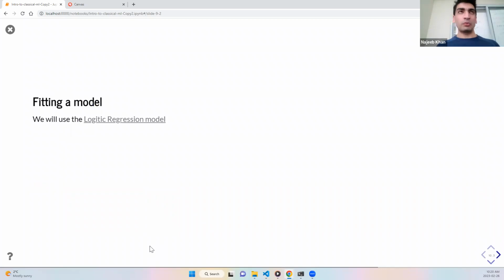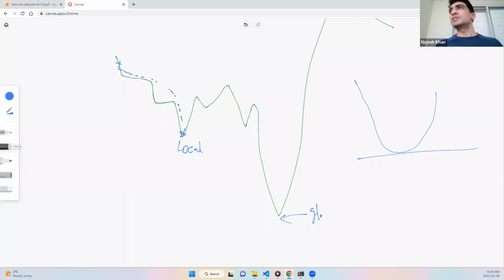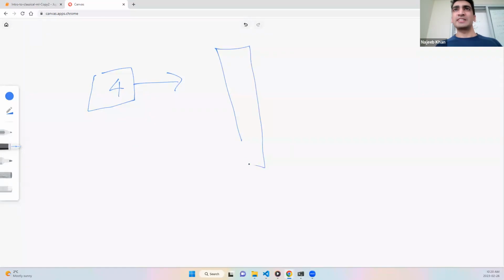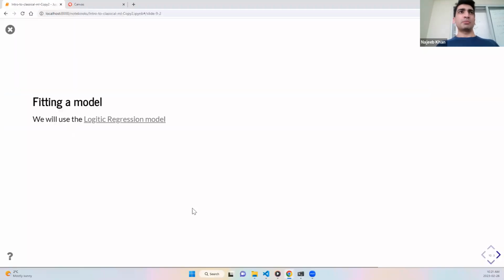What problem we are solving here: given an image of a handwritten digit as input, we need to classify it into 10 classes, whether it's 0, 1, 2, up to 9. So that's the problem that we are solving.